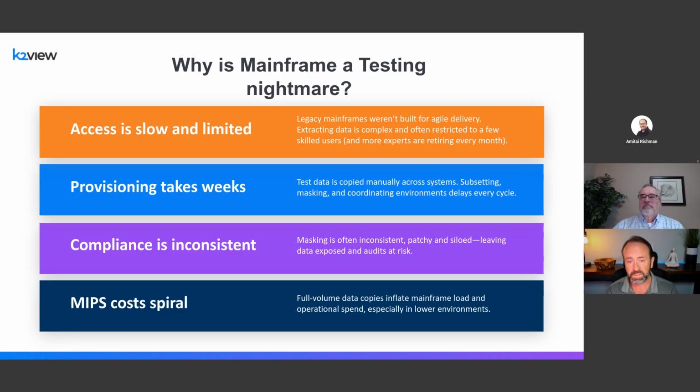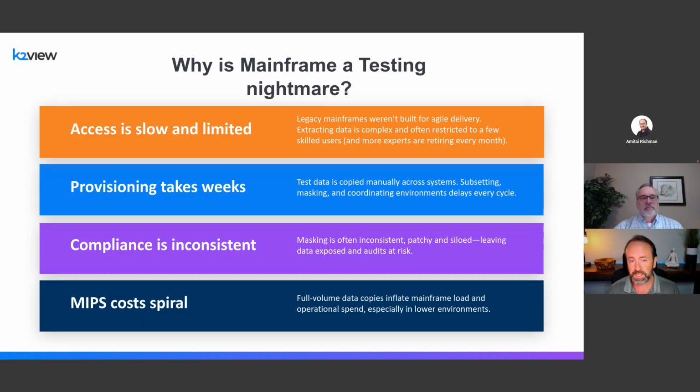What we typically find when the mainframe comes into the picture is that, even from an access perspective, it's not about the technology itself but the limited number of skilled experts and how many demands there are on their time.